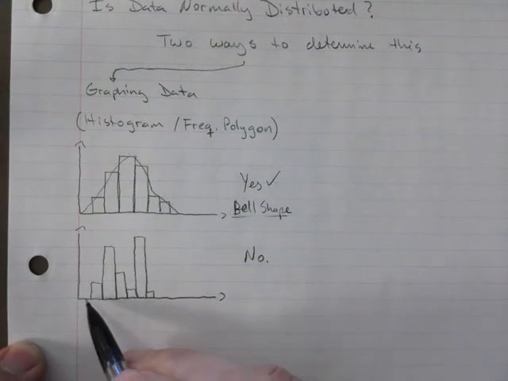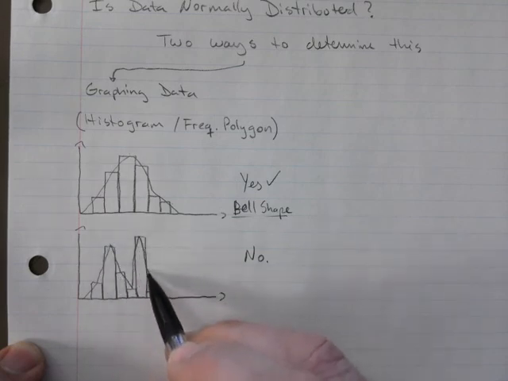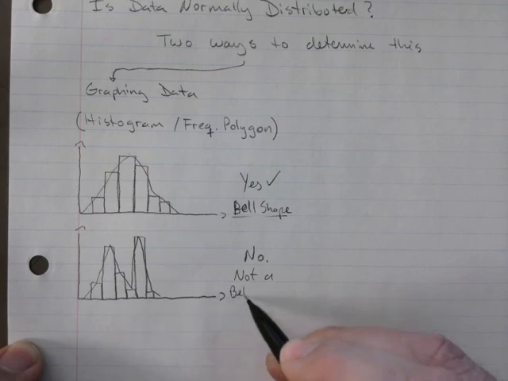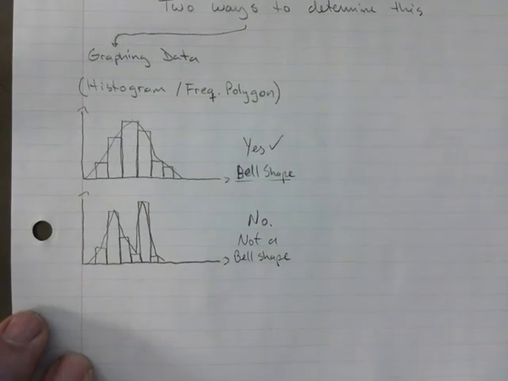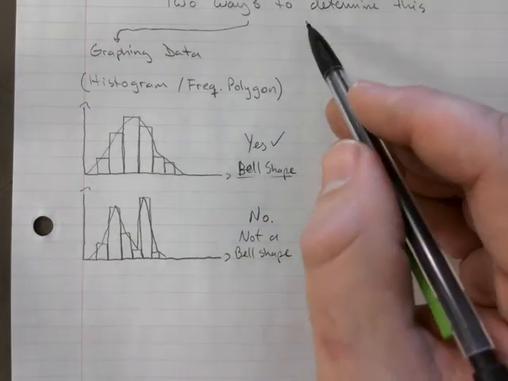It doesn't look like a bell curve because if you connect the peaks, it would just not be a bell shape. So if you graph it, you should be able to tell right away, yeah, this one would definitely look like a normal distribution. Second graph, not so much. And it varies, but you can just kind of look for that. So that's one way that we can determine this.